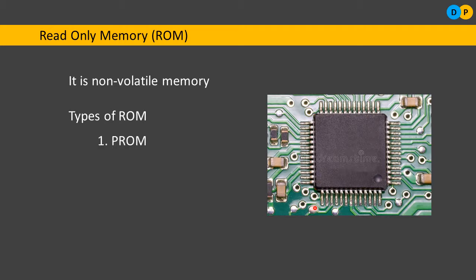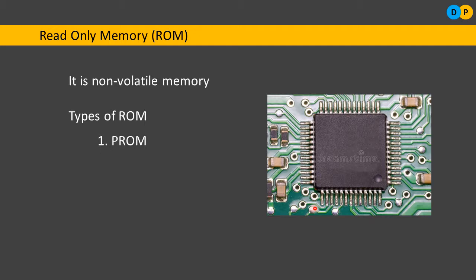There are different types of ROM. That is very important. The first one is PROM. What is PROM? Programmable read-only memory. So what does programmable read-only memory mean? Usually ROM content will be decided by the manufacturer. We cannot decide it.